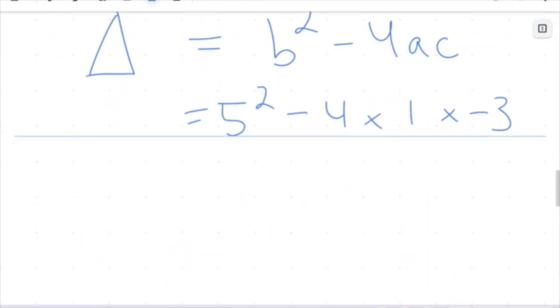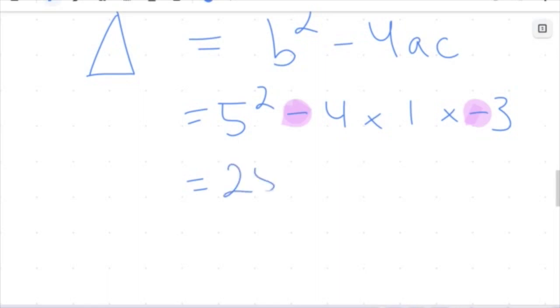It's looking like we're likely going to get a positive number. Why is that? Well, we have two negatives multiplying here, which will give me a positive. So 5 squared is going to be 25, and minus 4 times 1 times -3 is going to give us positive 12, and then we have 37.